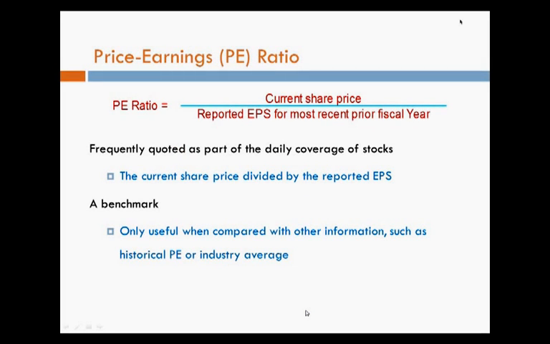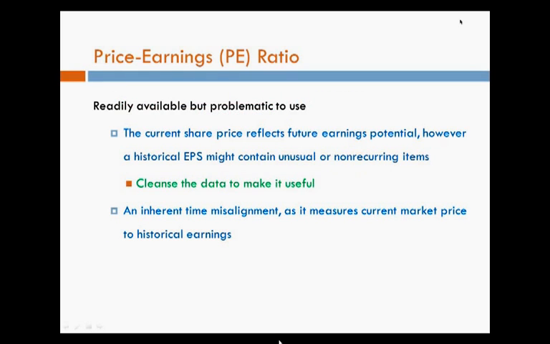Your PE ratio is your current share price divided by your reported earnings per share. We know it's frequently quoted. And as we talked about, it has to be compared to something to be useful. It's somewhat problematic to use.